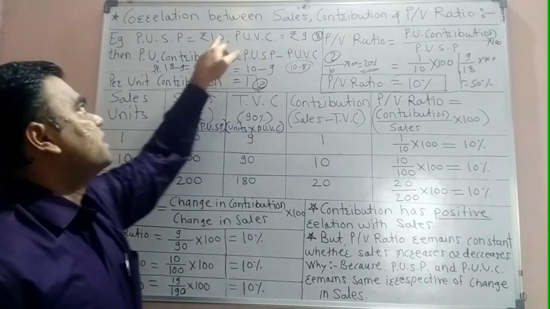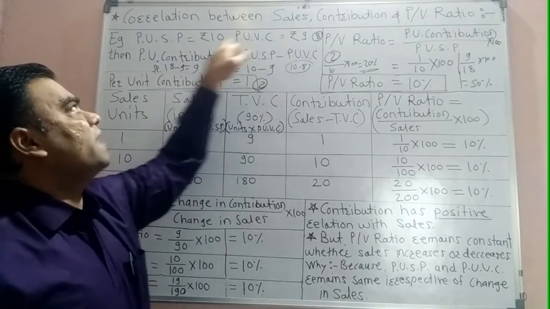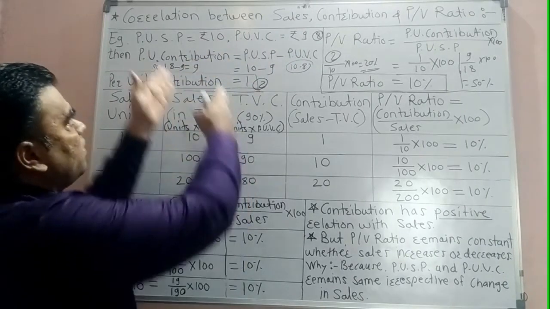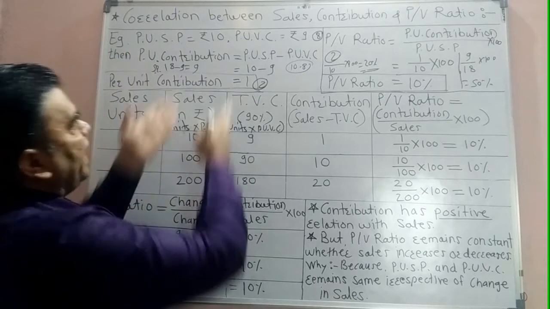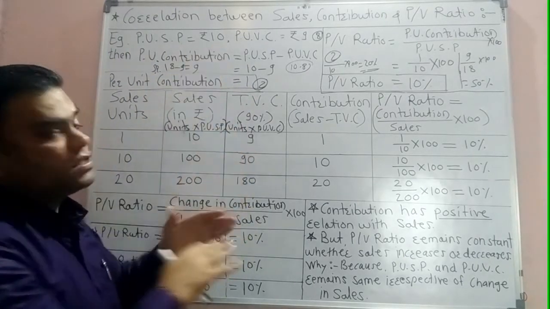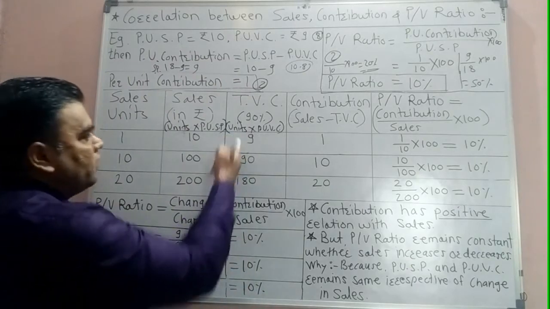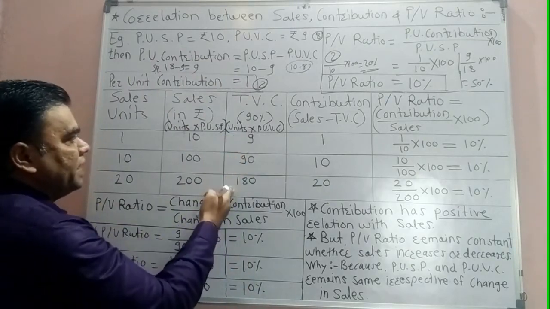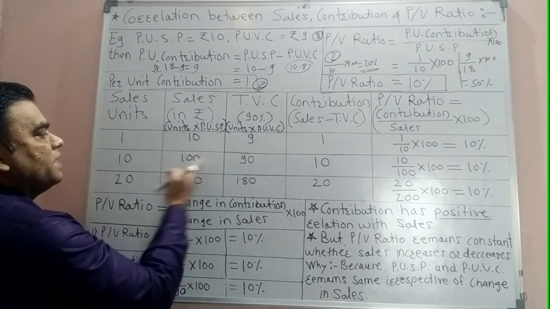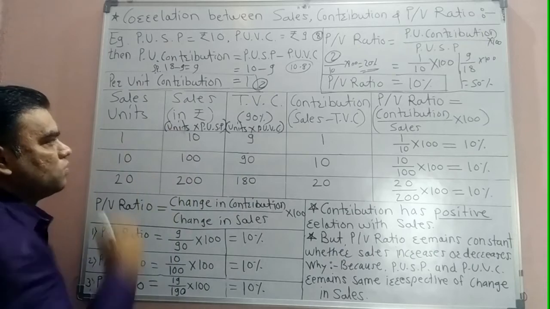Your variable cost 9 is 90% of your selling price. 9 is 90% of 10. So at all levels your selling price is 10. At all levels your variable cost is also 9, which is unchanged. That's why, in the same proportion at all levels, you can see variable cost is 90%. 9 is 90% of 10. 90 is 90% of 100. 180 is 90% of total sales.